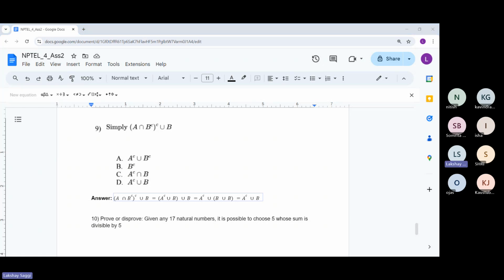Yeah, so Nitish, it is not A union B, but it will be A complement union B.